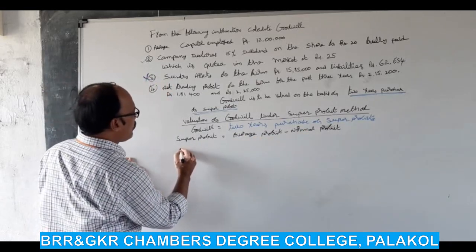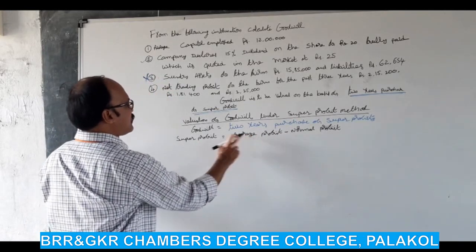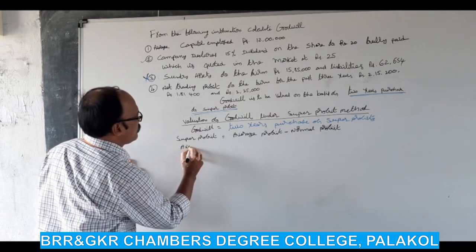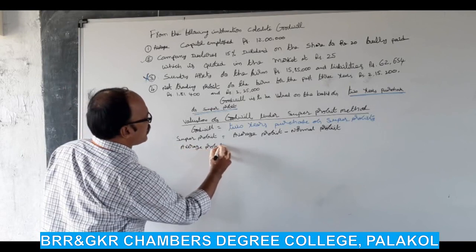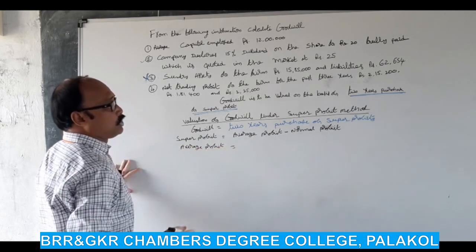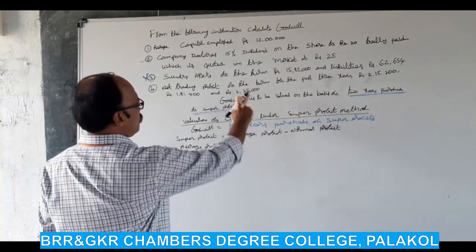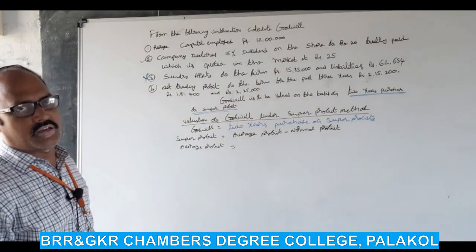Let us see. First we have to calculate average profit for calculation of super profit. Average profit is equal to total of 3 years profits divided by number of years.